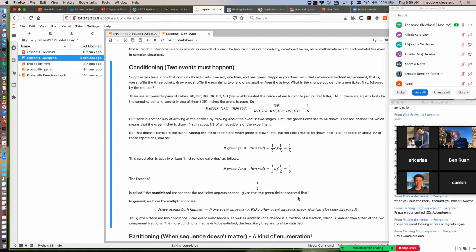Usually such a calculation is written in the chronological order of the experiment. So first we do a green, that happens 1/3 of the time. And then once we've drawn a green, from the remaining 2, half the time we'll pull the red. And the product of those 2 individual stage probabilities is the total probability for the event, in this case 1/6.